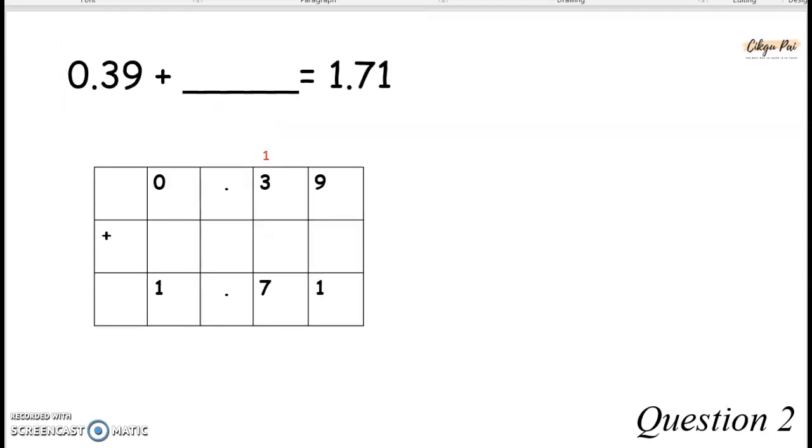Example 2 is 0.39 plus an unknown equals 1.71. Here, the same thing, you need to do it in a vertical form. Tulis dalam bentuk lazim. So here we got a 9 and here we got 1. Don't forget to see the carry number here. There is a 1.